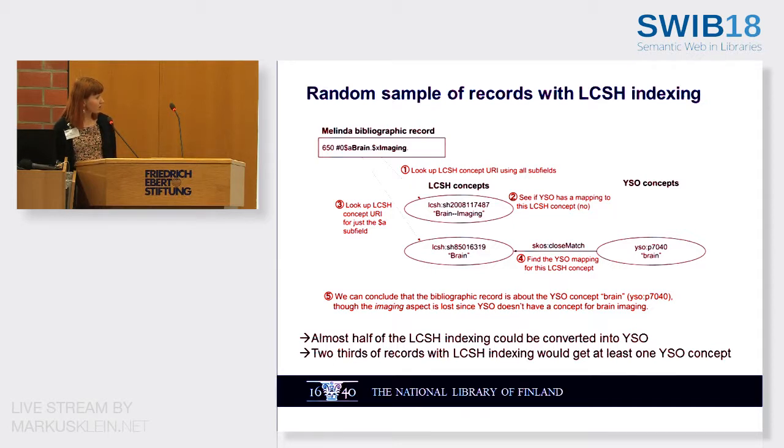It turned out that almost half of the LCSH indexing that's already out there could indeed be converted into YSO, and also two thirds of the records that have LCSH indexing would get at least one YSO concept in an automatic conversion.